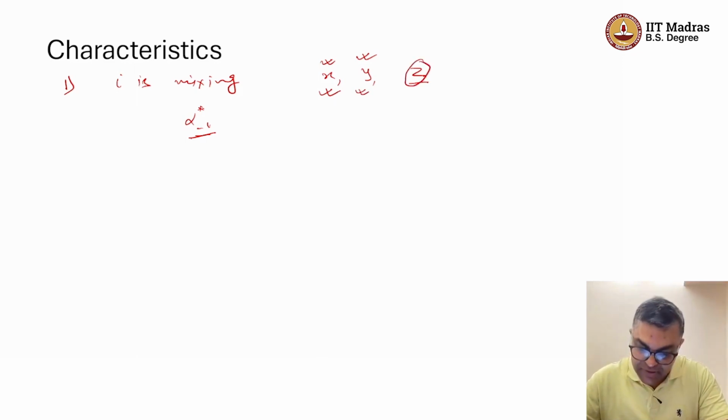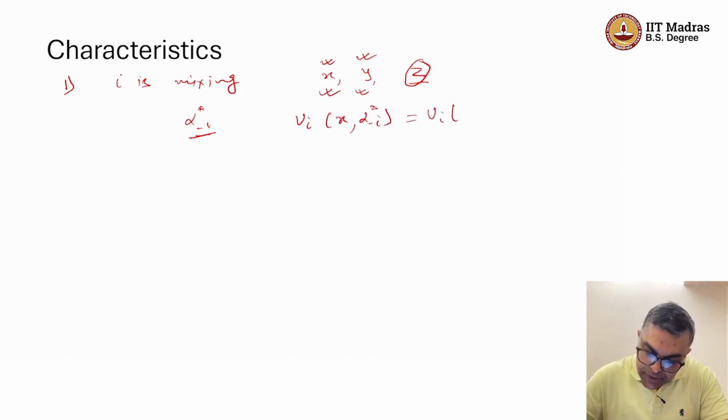When X and Y both are best responses, it means that the payoff from X given what others are playing is equal to the payoff from Y.